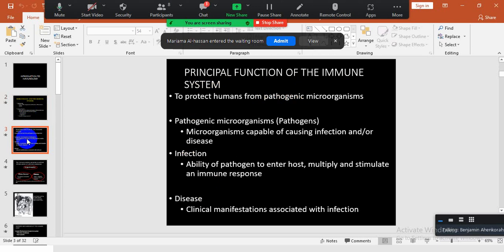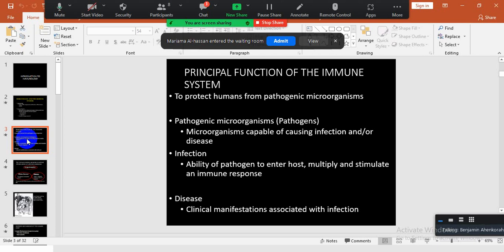So, principal functions of the immune system. One, to protect humans from pathogenic microorganisms. When we say pathogenic or a pathogen, it's a disease-causing microorganism. Pathogenic microorganisms are defined as microorganisms that are capable of causing infection or disease.